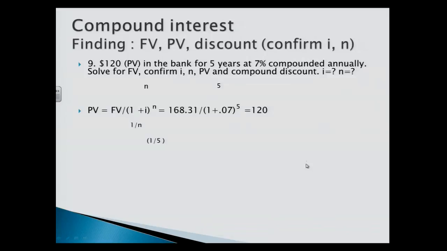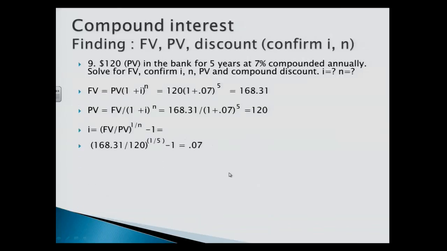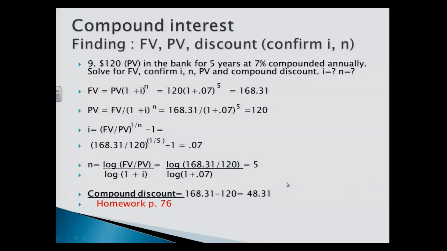But then I also want you to go back and use the formulas that I just gave you, if you're looking for I, if you're looking for N. And remember, compound discount is the future value minus the present value, and in this case, $48.31.